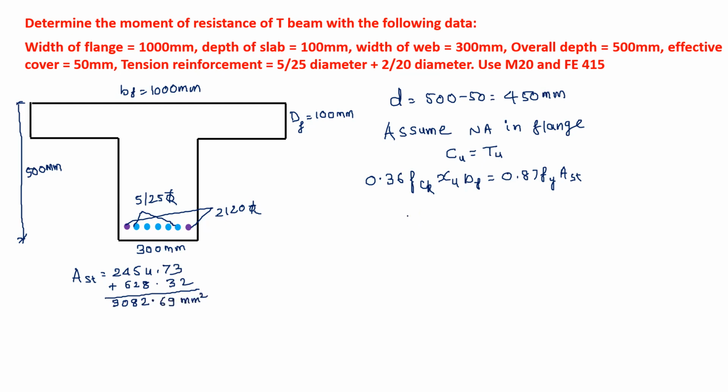So we will now find XU equal to, I will directly put, 0.87 FY AST, 3082.69 divided by 0.36 FCK into BF is 1000. And from this, we will get value of XU, 154.58.